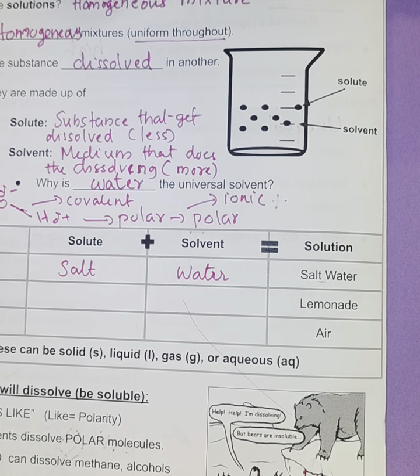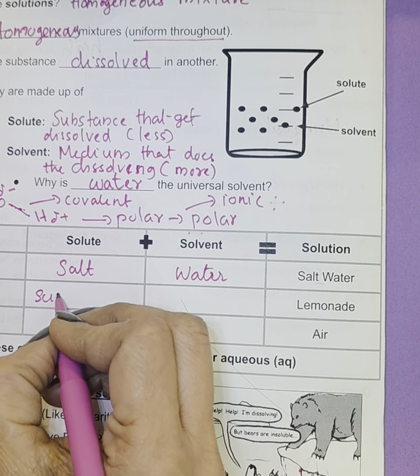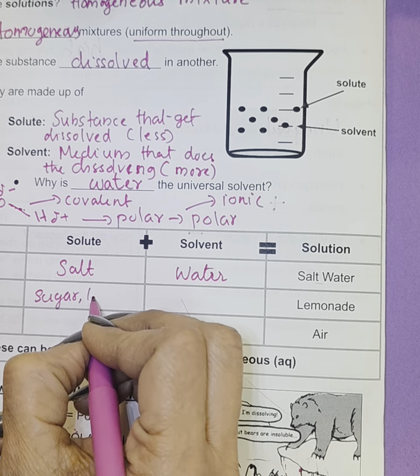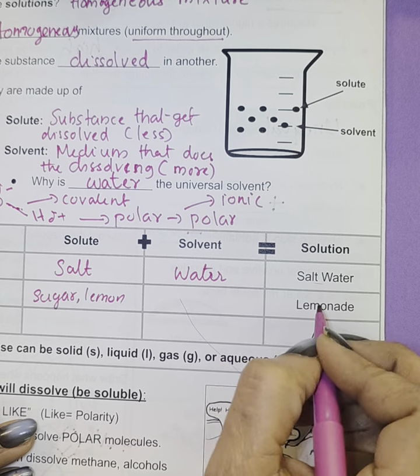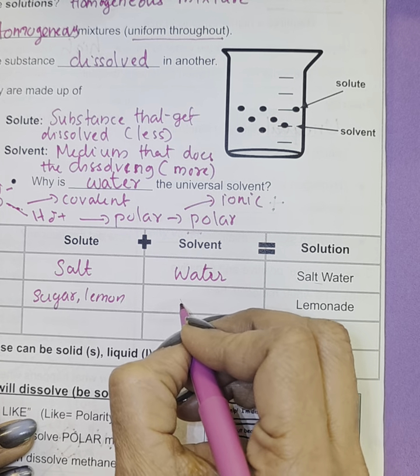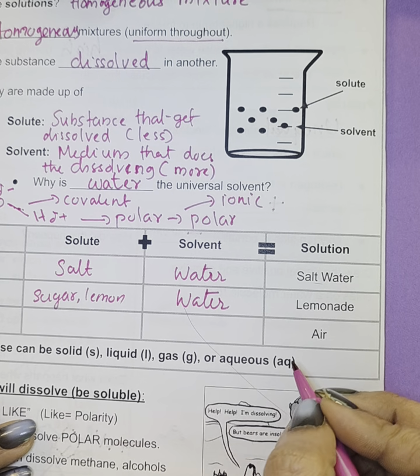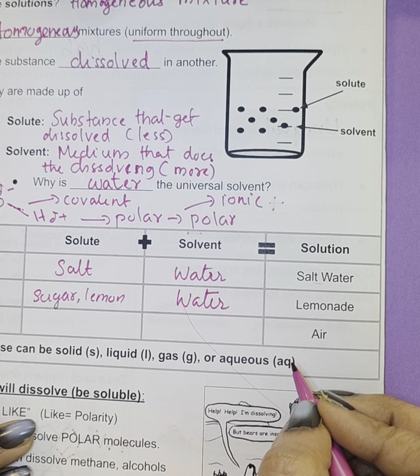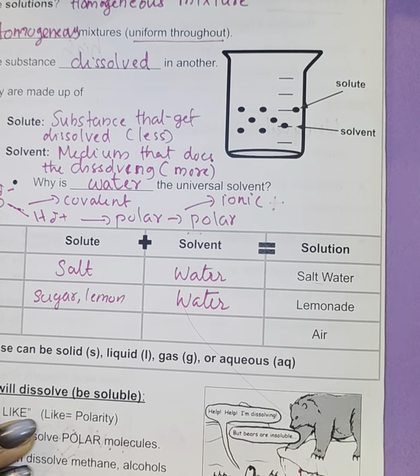Lemonade, what is the solute? Sugar and lemon juice, whatever the flavor is, Kool-Aid flavor. Yes. And what is the solvent? Water. And air. Who is the solute in air? A lot of gases. Who is the solvent in air?